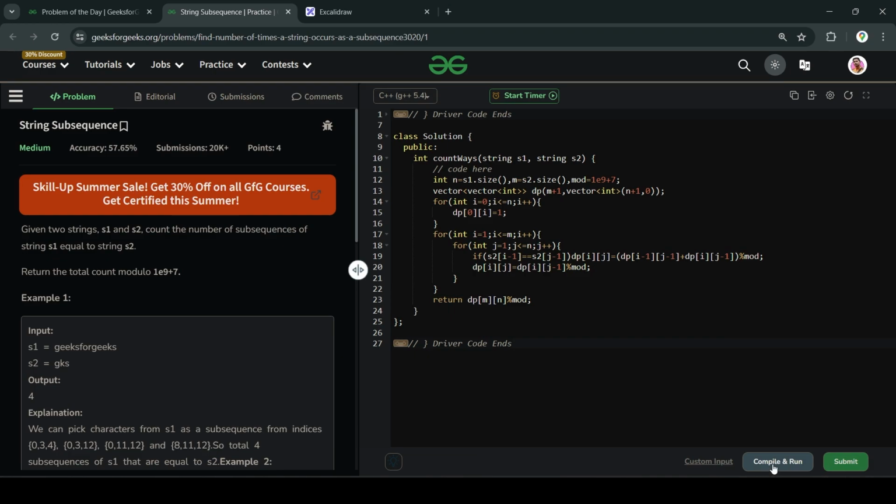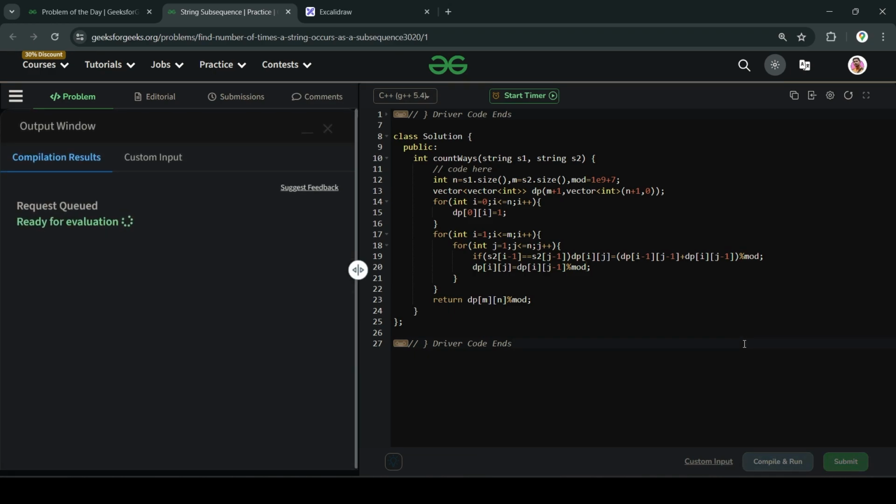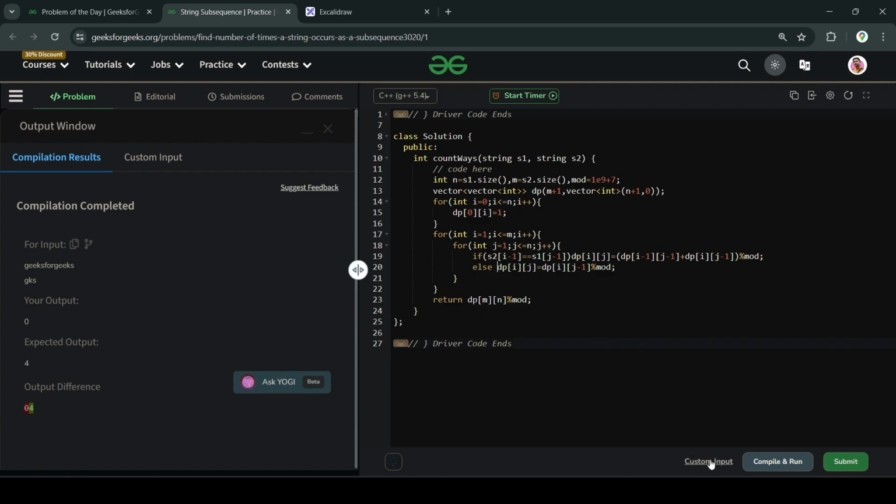So let us try to run the code. Okay, so the answer is not matching. Let us check for the issue. Okay, I missed else here. That is why the answer is not matching. So let us try to run again. Okay, it is matching, and let us submit the code.